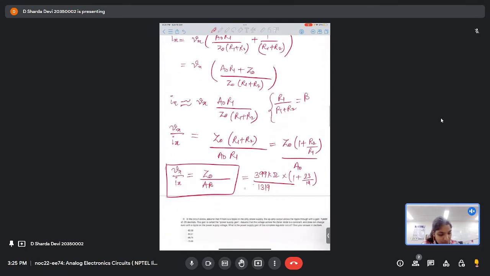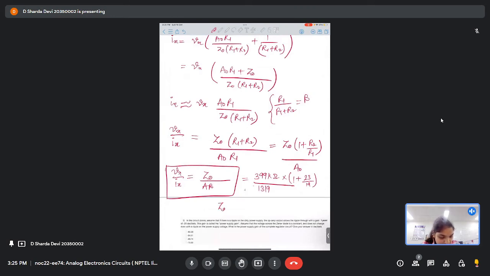So when we solve this, we get Z out, the output impedance, to be 658.21 ohms.